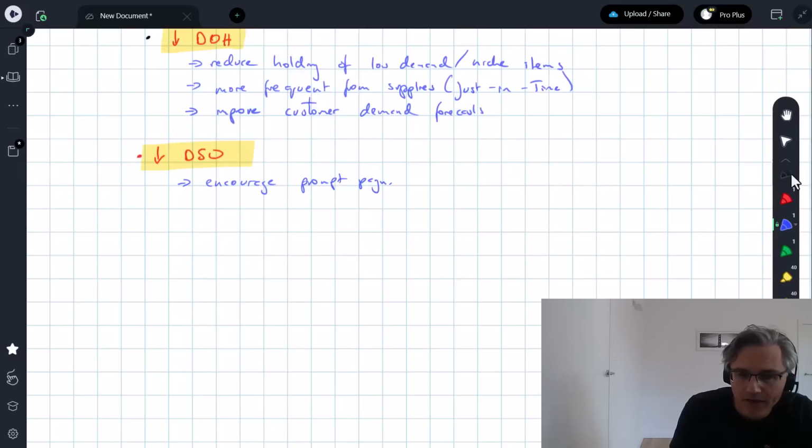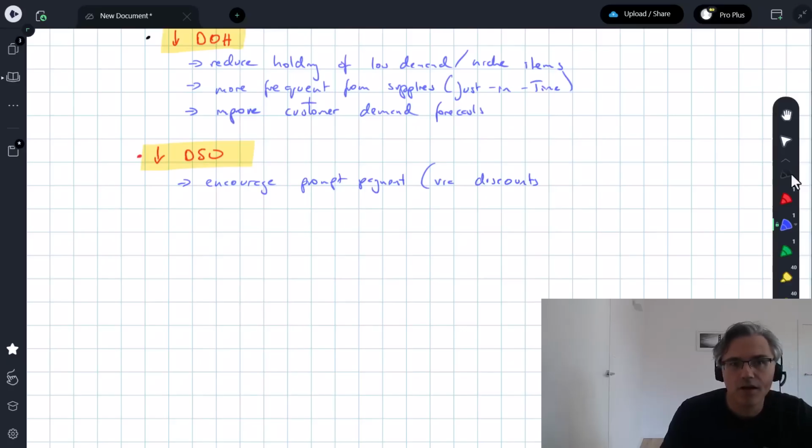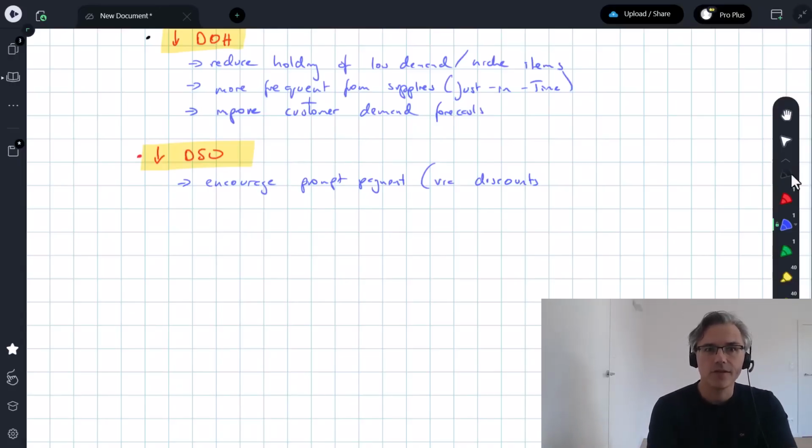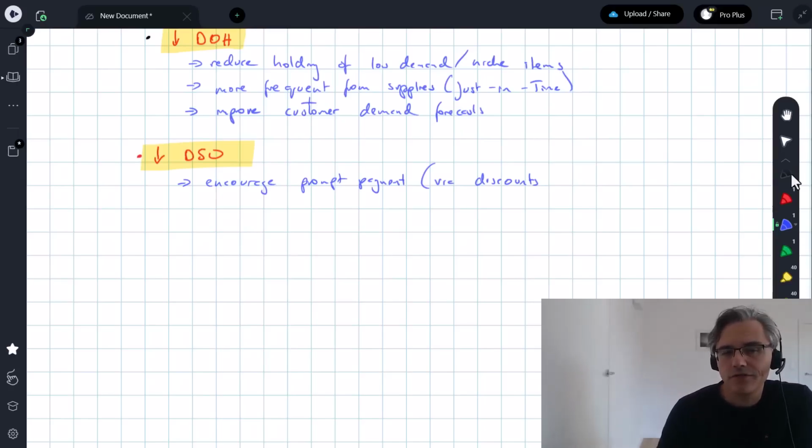One way to do this is to offer your clients discounts for paying quicker than even the term on the invoice. And we'll be thinking about the effective cost of using such discounts in just a moment, because there's a little computation you need to be able to do.